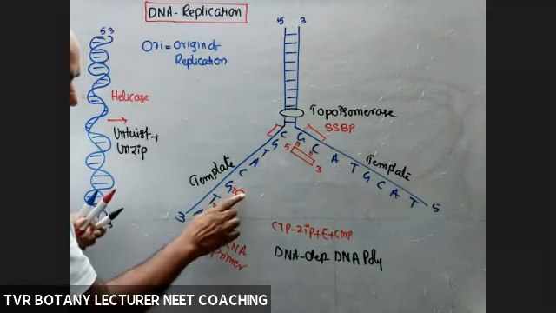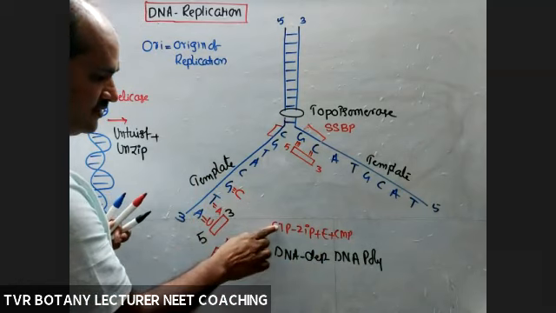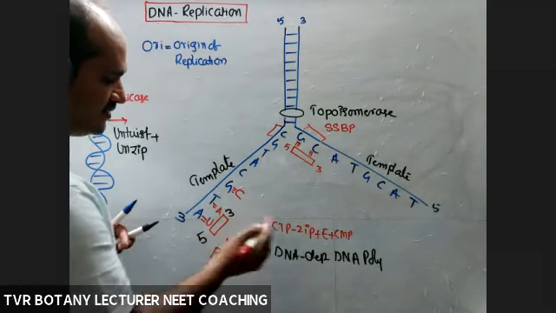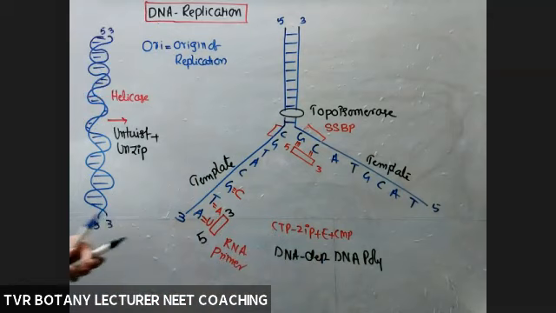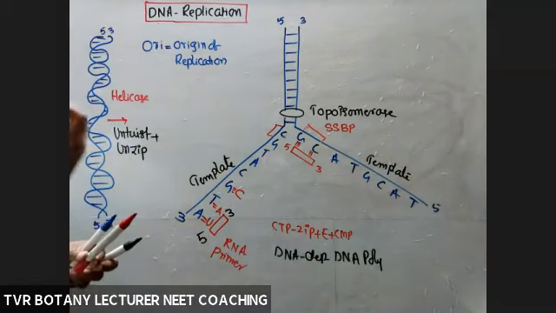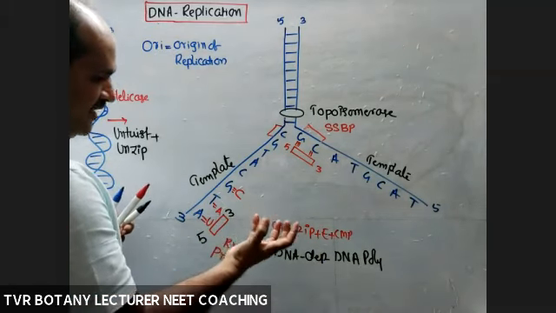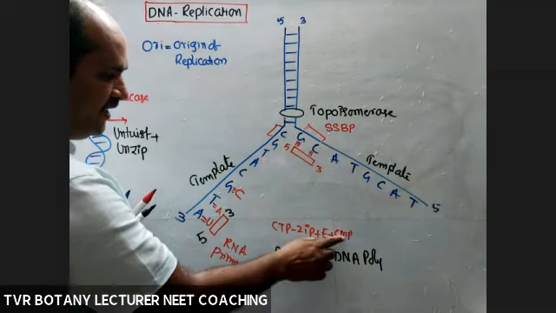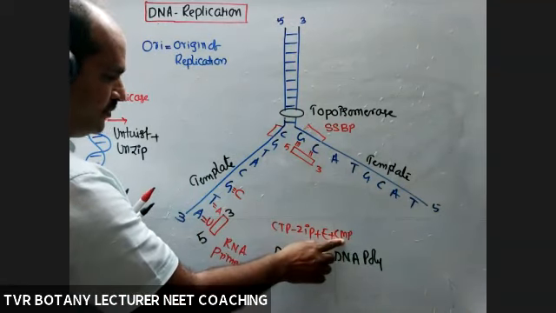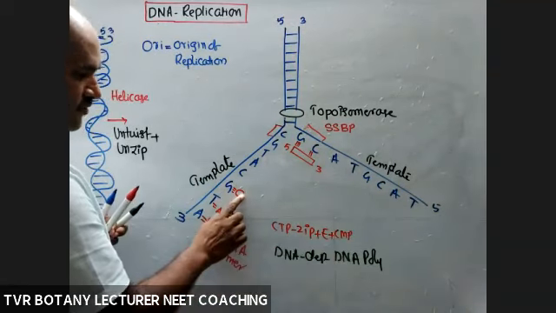Here cytidine triphosphate, a deoxyribonucleoside triphosphate, acts as a raw material that provides energy and substrate. Nucleotide 1 is added.